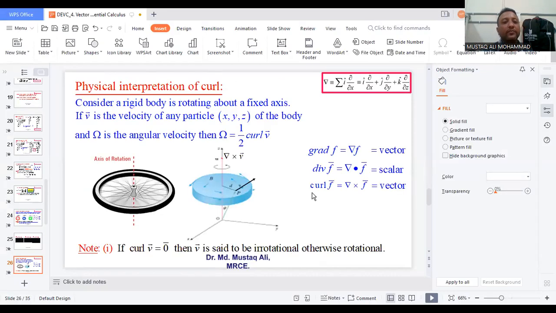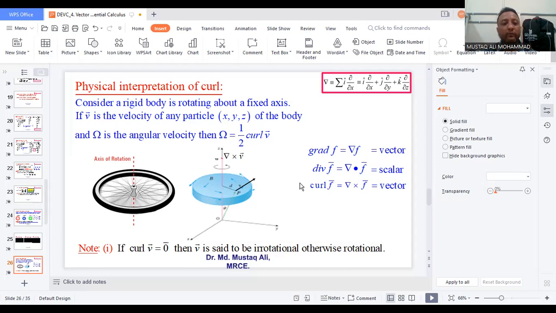Next point is physical interpretation of curl. What is the physical interpretation of curl here? Consider a rigid body rotating about a fixed axis. If V bar is the velocity of any point of the body and omega is the angular velocity, then the angular velocity is 1/2 curl V bar.